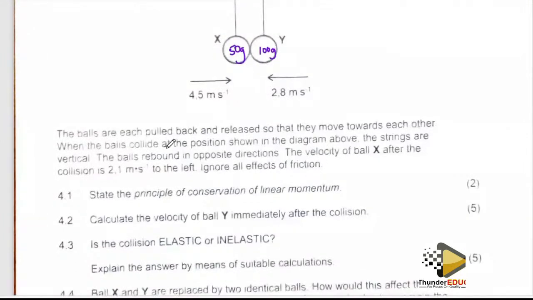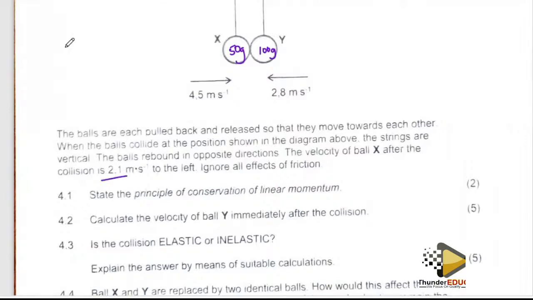So the balls are each pulled back and released so that they move towards each other. And when the balls collide at the position as shown in the diagram, the strings are vertical. Then the balls rebound in the opposite directions. The velocity of X after the collision is 2,1. Okay.